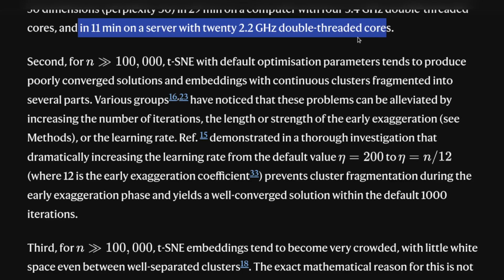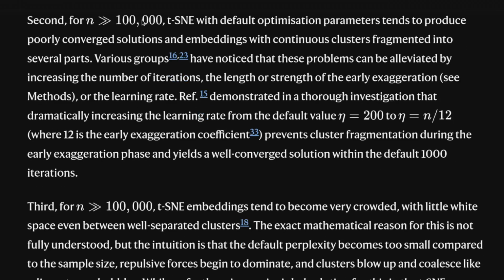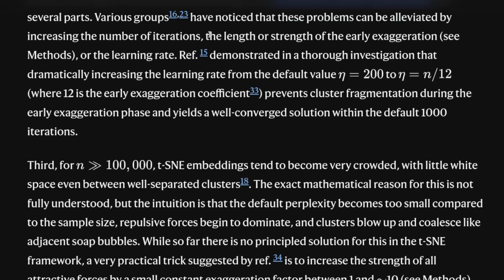Second, t-SNE with default optimization parameters tends to produce poorly converged solutions and embeddings with continuous clusters fragmented into several parts. Various groups 16,23 have noticed that these problems can be alleviated by increasing the number of iterations, the length or strength of the early exaggeration, see methods, or the learning rate.